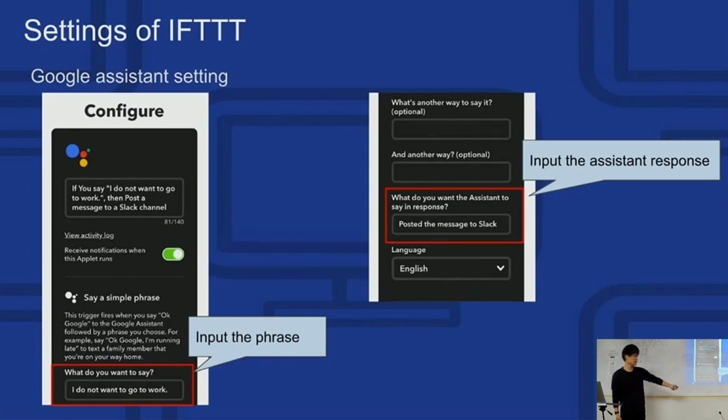So yes, this input field should be simple. It means you don't have to write any symbols, such as commas, periods and question marks. You don't need to write them here.